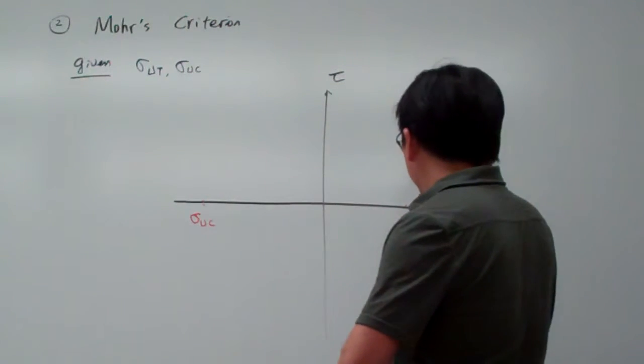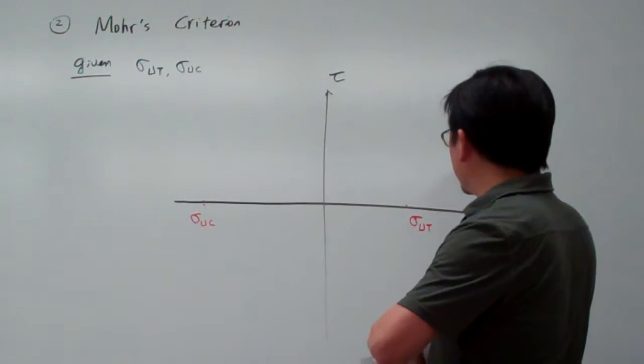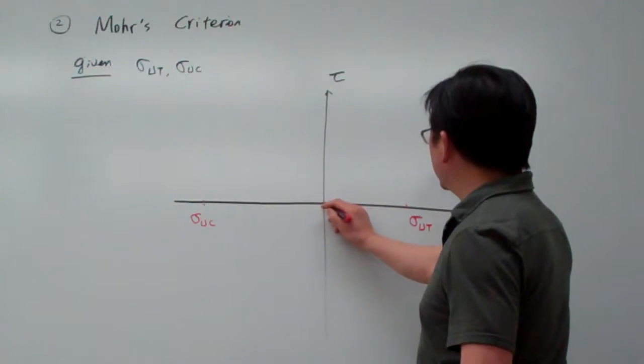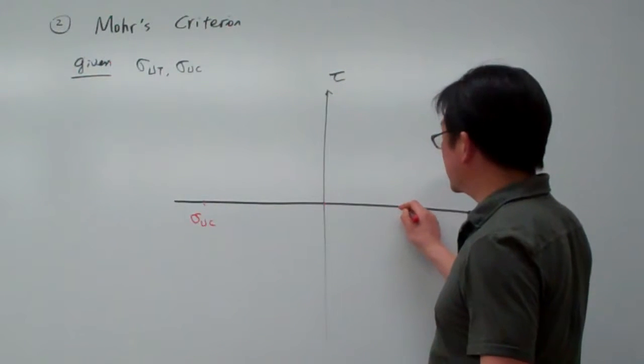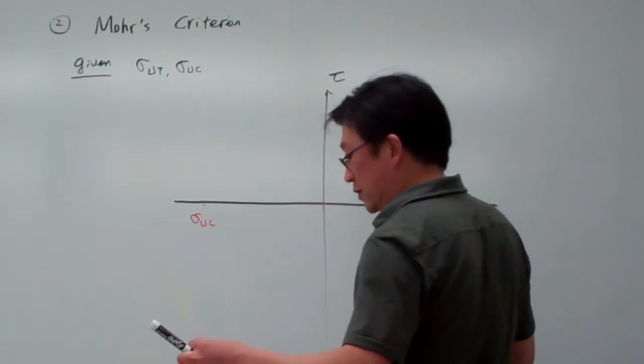For this case, we build up the Mohr circle. Simply using 0 and this point, we draw a circle, and let me try to draw it in a good way.